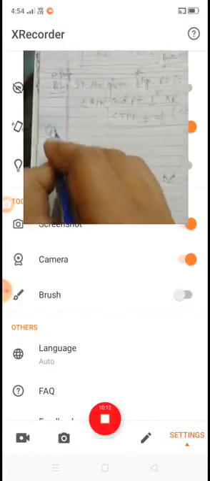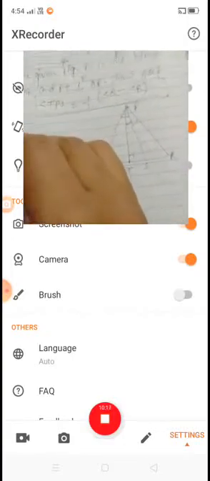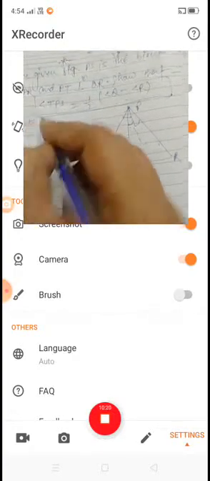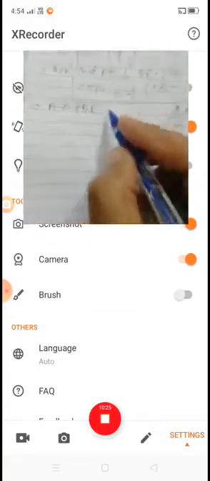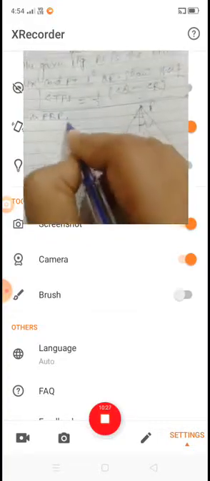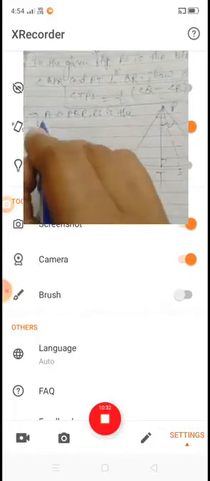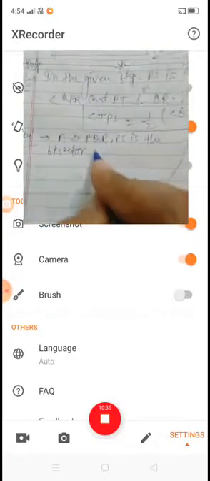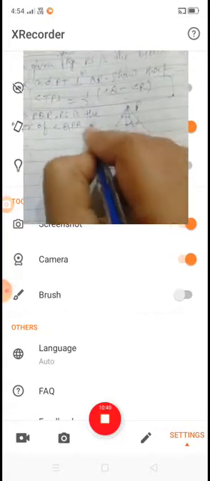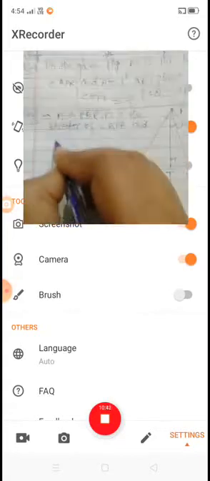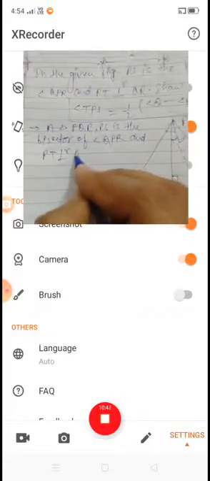Now first of all you write given. In given you write: a triangle PQR. In triangle PQR, PS is the bisector of angle QPR and PT is perpendicular to QR.